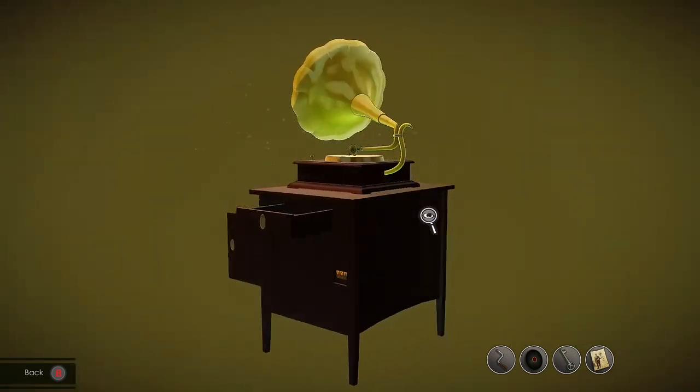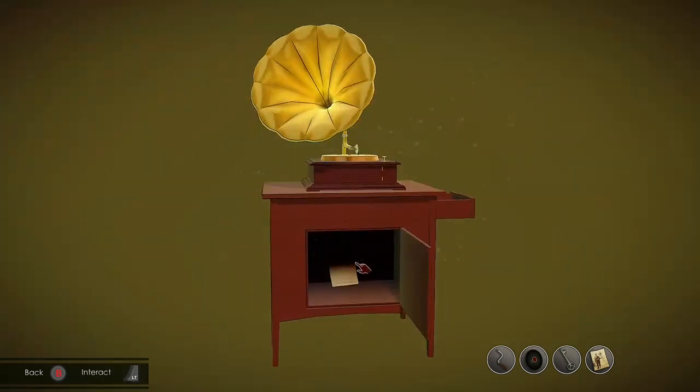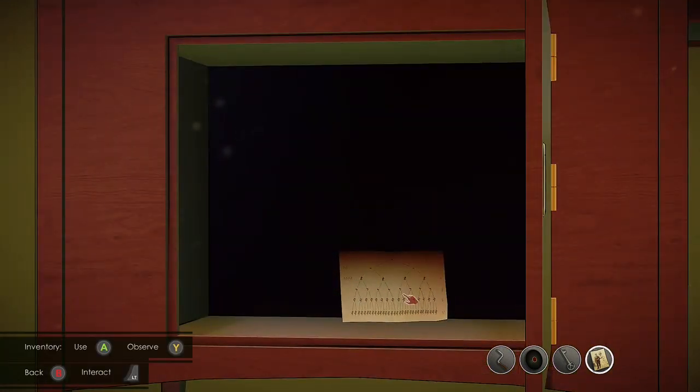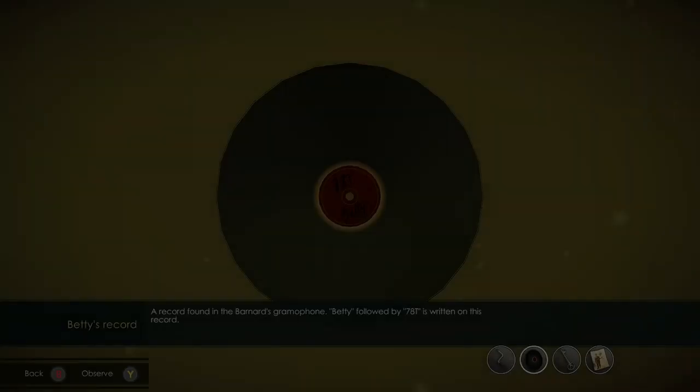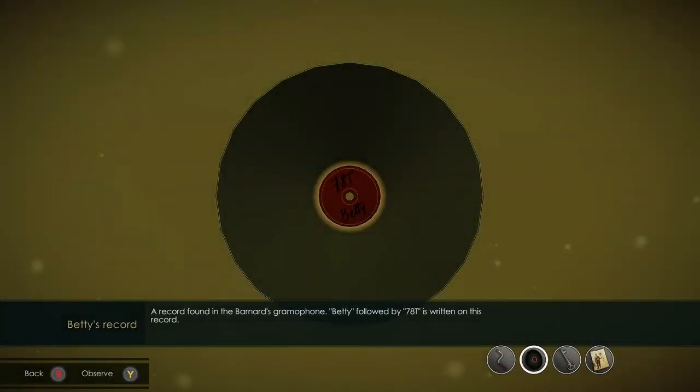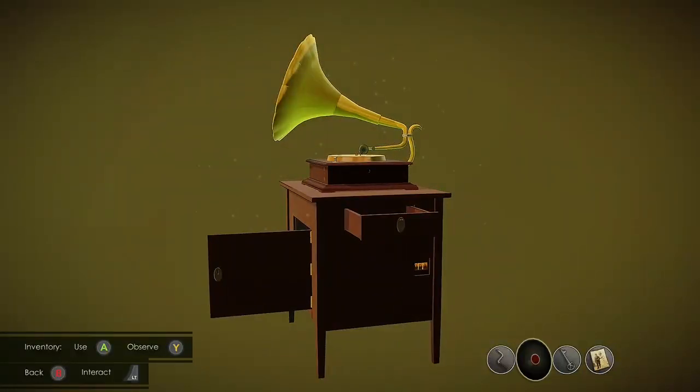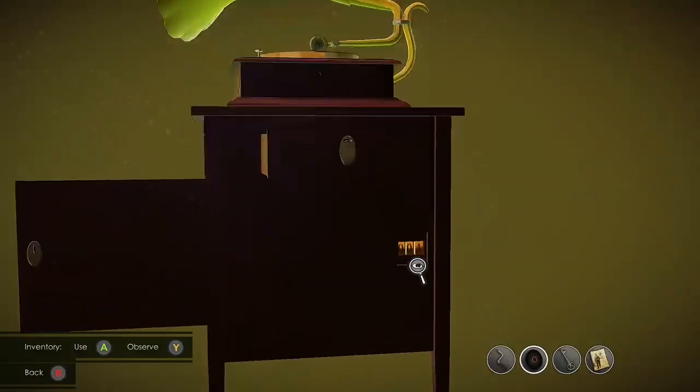We haven't advanced that far. Is it also on there? Oh wait, what's this? 78T. Oh, I got the wrong button.